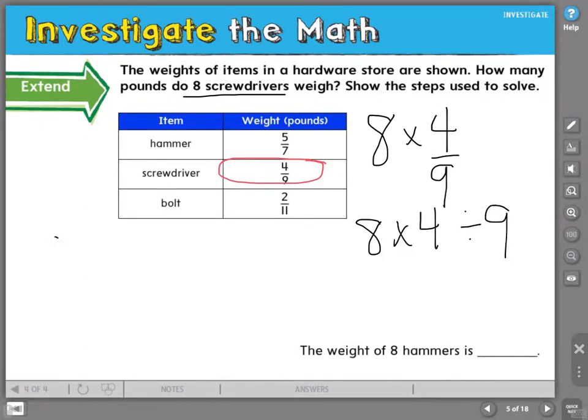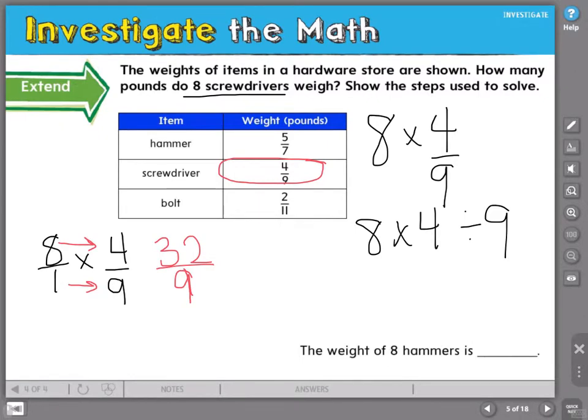I can make my life a little easier, save myself a step by writing 8 as an improper fraction. Multiply it by 4/9, and then I can simply multiply my numerators and multiply my denominators. 8 times 4 is 32. 1 times 9 is 9. Now I have this in one easy step, but I still need to simplify my answer.